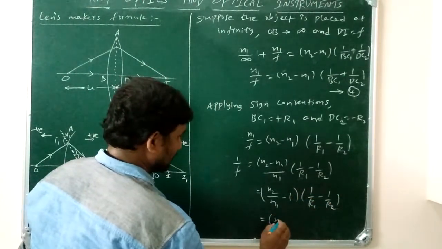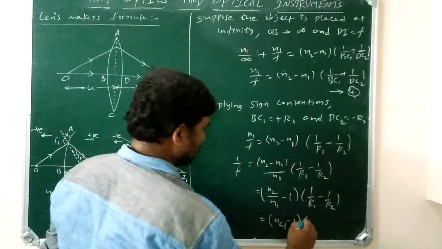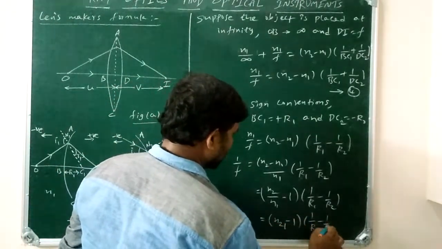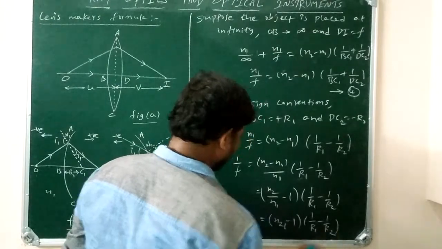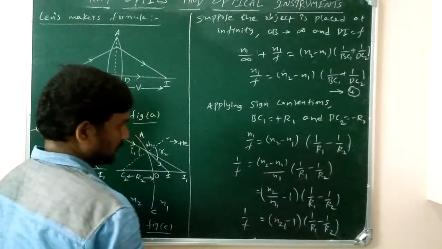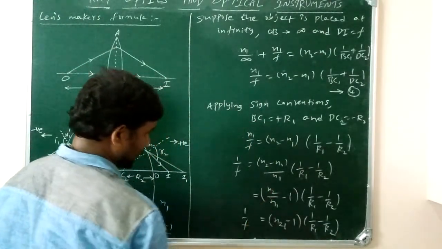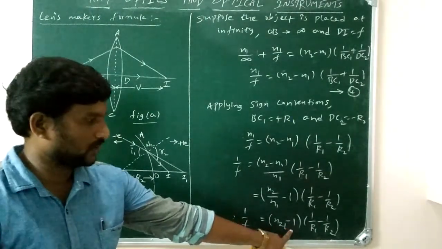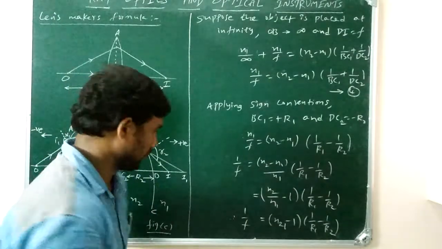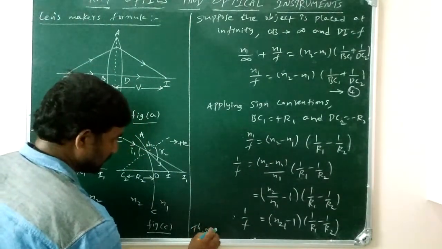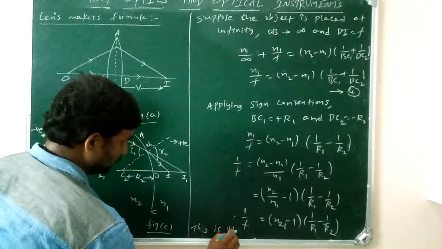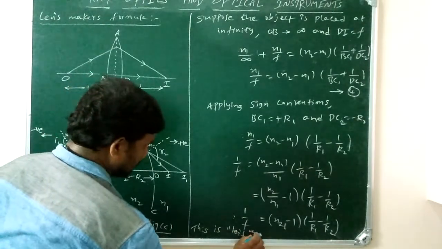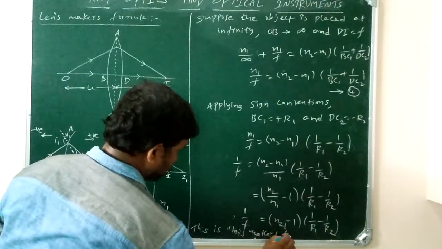This can be written as n21 minus 1 into 1 by R1 minus 1 by R2. Therefore, this gives the lens maker's formula: 1 by f equals n21 minus 1 into 1 by R1 minus 1 by R2. This is the lens maker's formula.